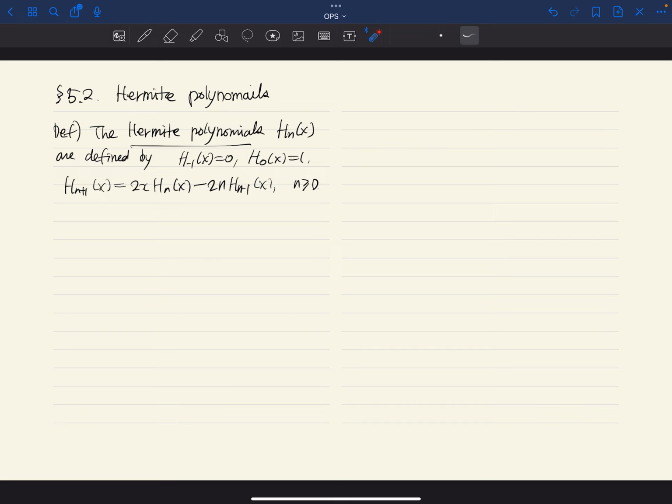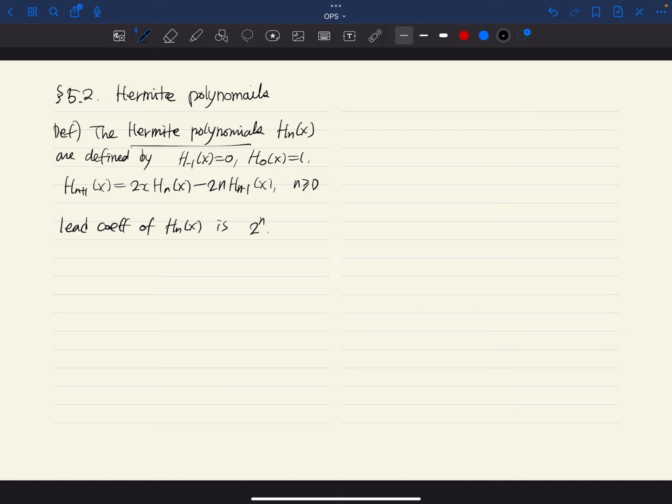But for us, we always prefer monic orthogonal polynomials. But they are not monic. But we know how to make them monic. The leading coefficient of Hn is always 2 to the n. So we can simply multiply Hn by 2 to the minus n.